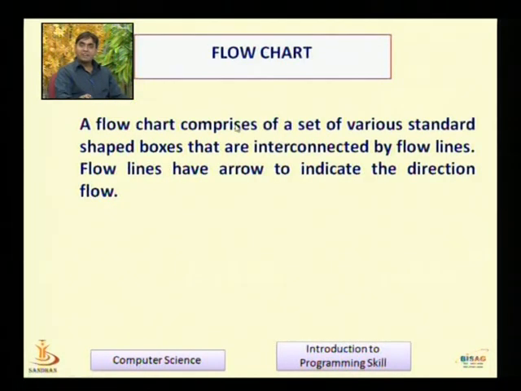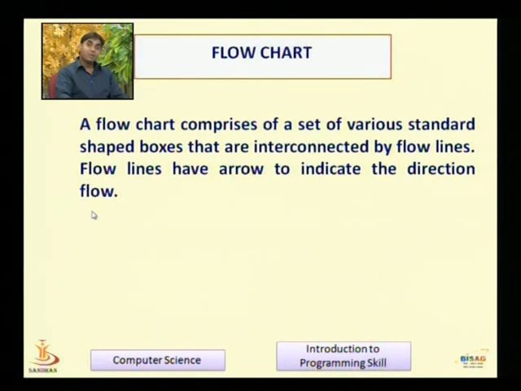Flowchart. This is another technique for describing a problem in a graphical manner. The flowchart is a composition of a set of various standard shaped boxes interconnected by flow lines, and the flow lines are arrows that indicate the direction of the flow.